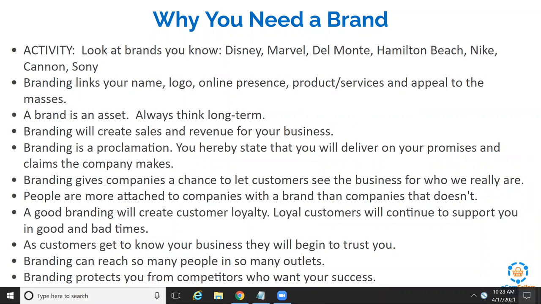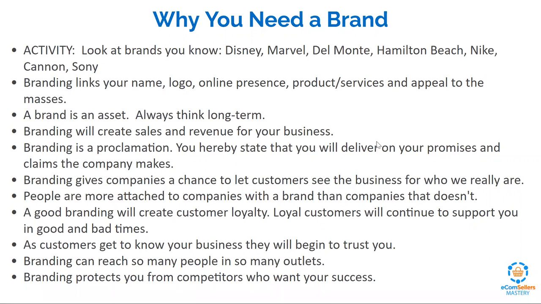So if you want to get really good at building bundles, think about what your brand is going to be, especially if you plan on selling on Amazon. You're going to have to accept that brand registry is what you need to establish, and we're going to talk about what's involved in that in the next session that we have.